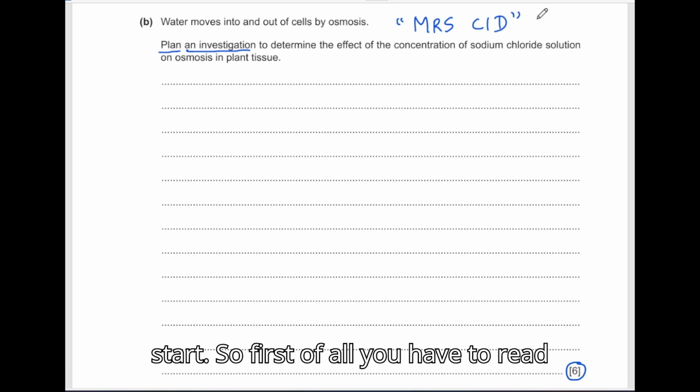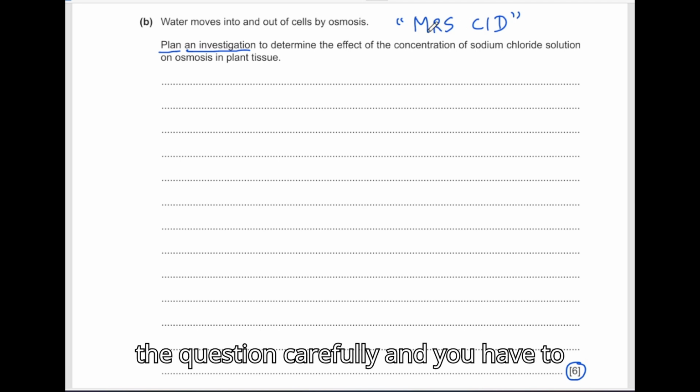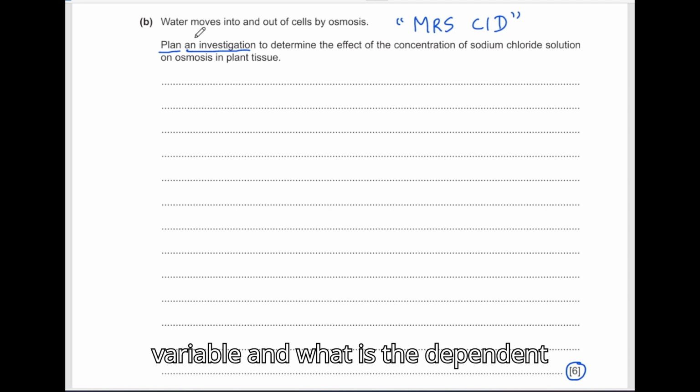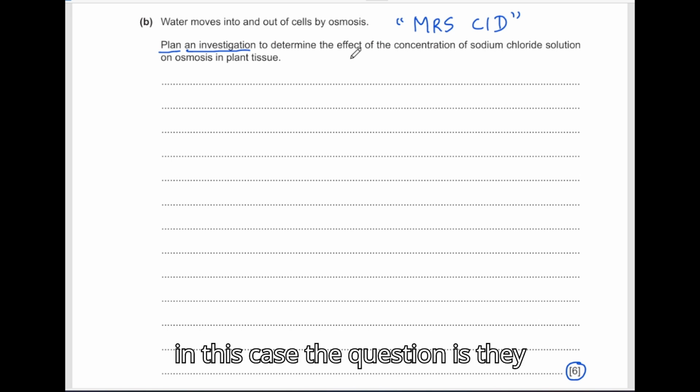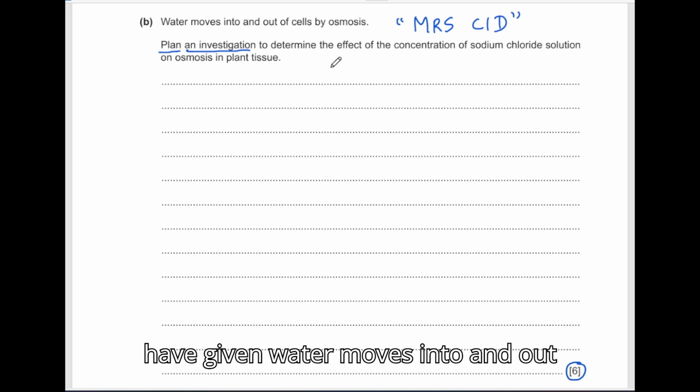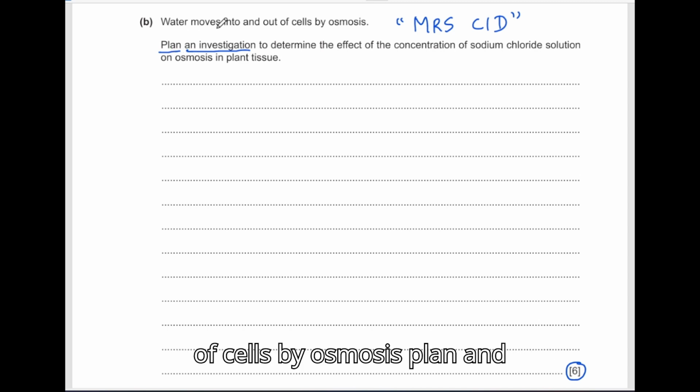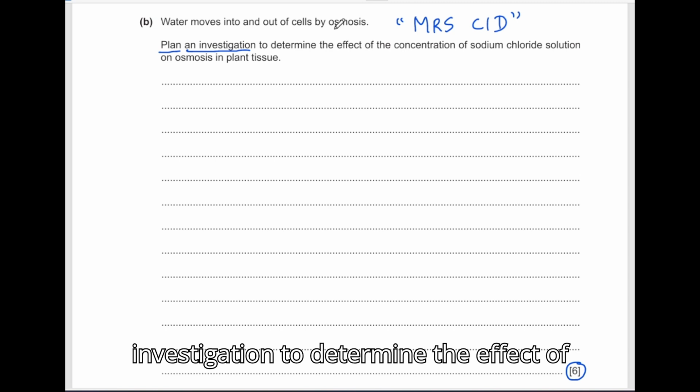So let's start. First of all, you have to read the question carefully and identify what is the independent variable and what is the dependent variable. In this case, the question is: water moves into and out of cells by osmosis. Plan an investigation to determine the effect of.